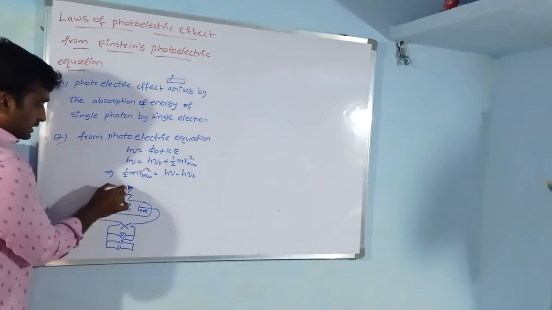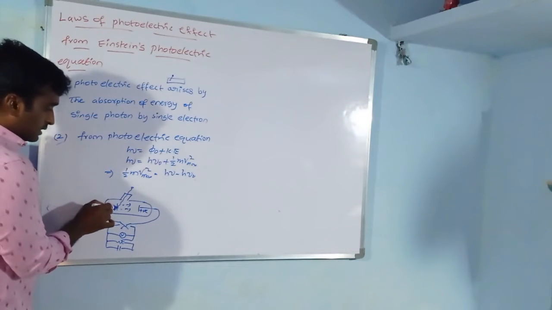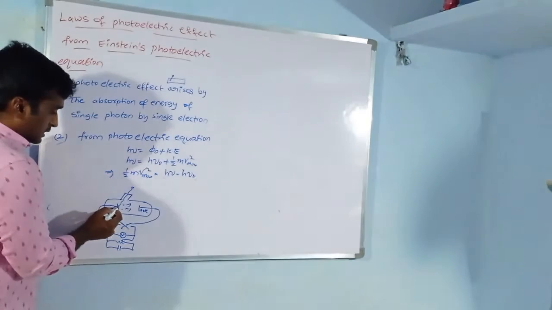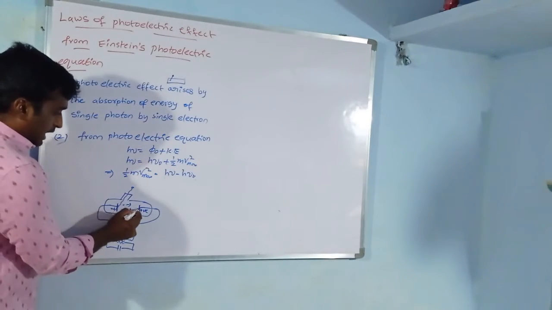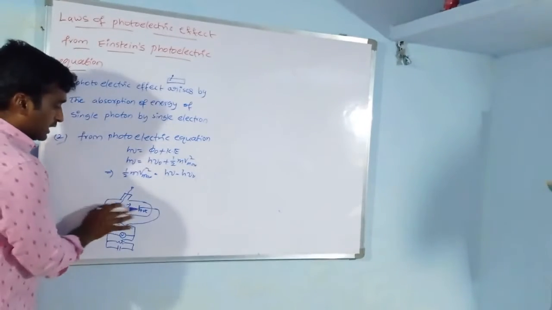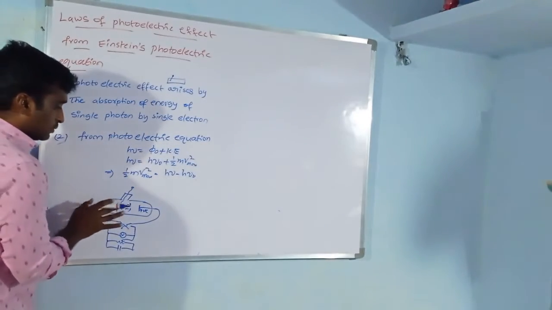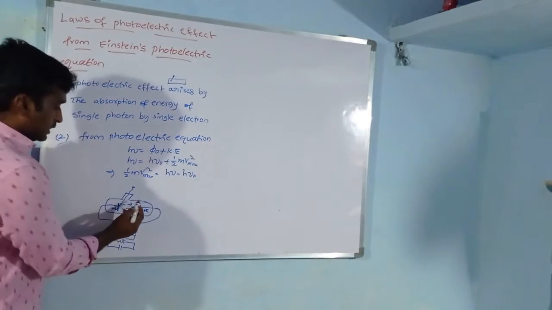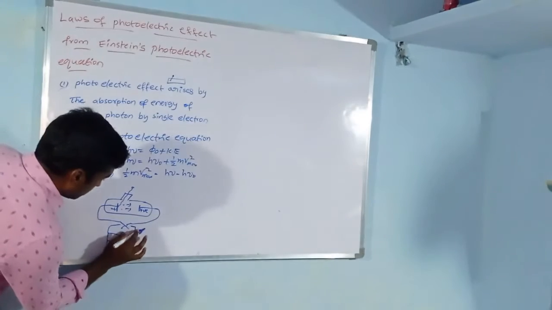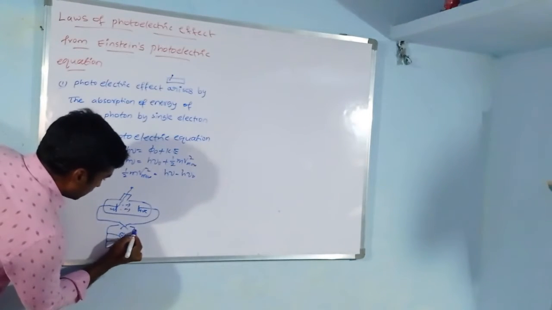When light is incident on the metal surface, electrons are emitted. This is the cathode plate and this is the anode plate. Anode means positive, and electrons have negative charge, so due to the attraction force these electrons move towards the anode. In this case the current increases. The current is measured by a microammeter.